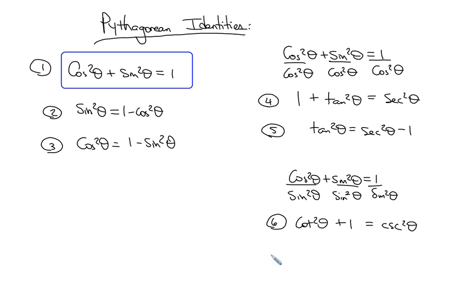That's identity 6. And then identity 7, you move the 1 to the other side and you get cotangent squared is equal to cosecant squared minus 1. There are 7 identities that are really just manipulations of the first one. So be on the lookout for these. Whenever you have a square trig function, there is some Pythagorean identity that you could use.